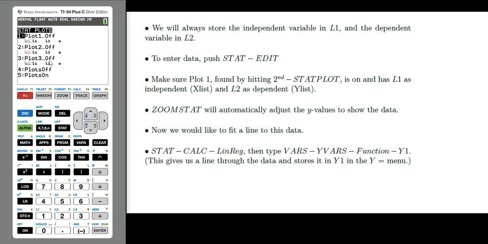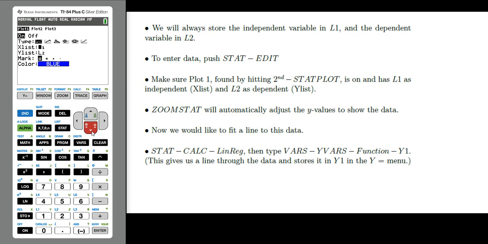And right now all my plots are off. So I'm going to press enter on plot 1, and there's a toggle here for off and on. So select on and press enter. Make sure the type of graph that you have is the scatter plot type, which is the first one there. And then just make sure that your X list is list 1 and your Y list is list 2.